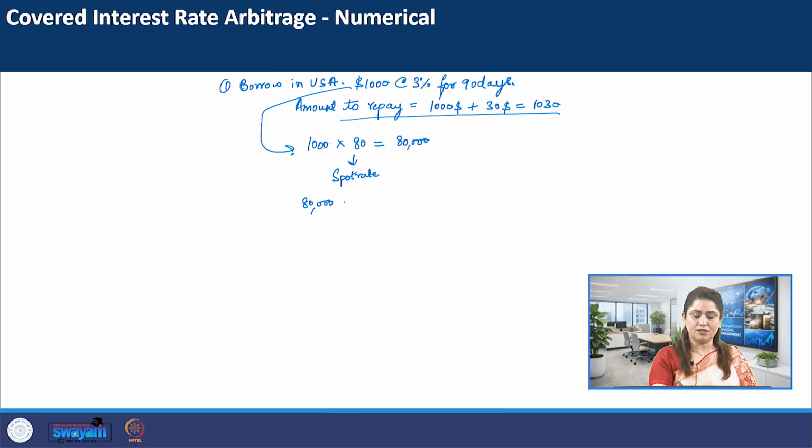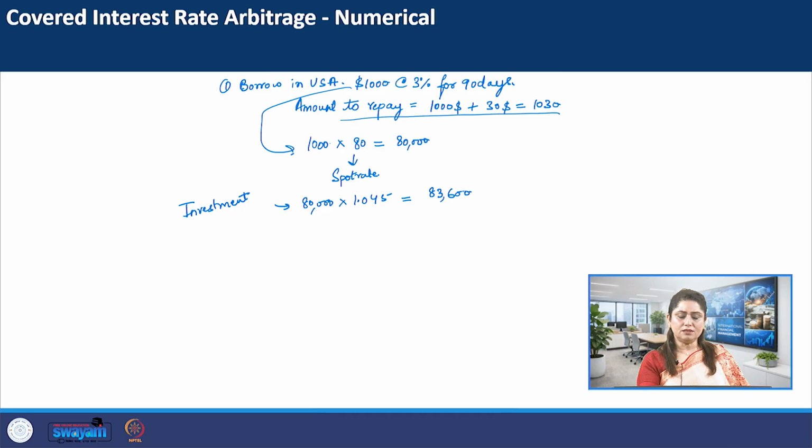Now this 80,000 is going to be invested at a rate of 4.5%, and this is the investment that we have made. 80,000 into 1.045 gives us 83,600.